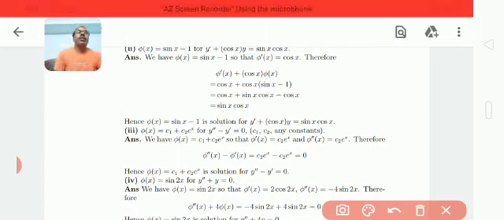So in the first example, that differential equation was homogeneous differential equation, and here it is a non-homogeneous differential equation of first order.